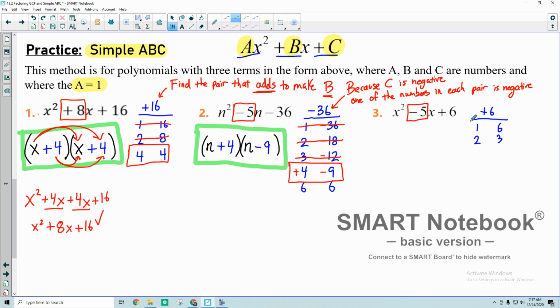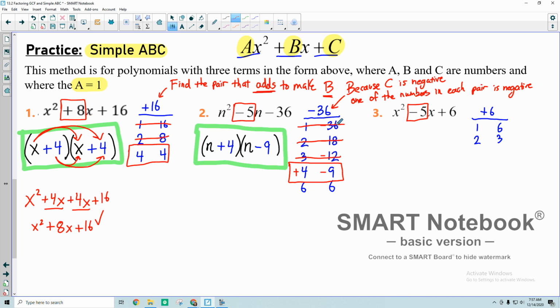Okay, this is a little weird because 1 and 6, that adds to make 7, and then 2 and 3 adds to make +5, but not -5. So what's going on here? So remember, if I have a positive and a positive number, they multiply to make a positive.